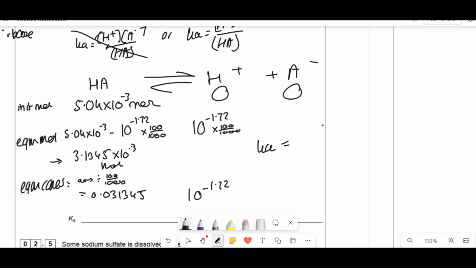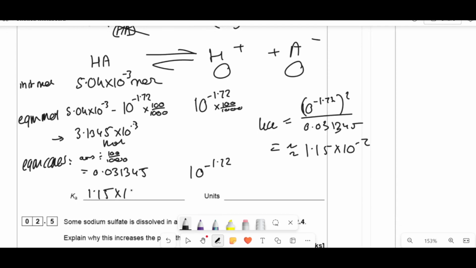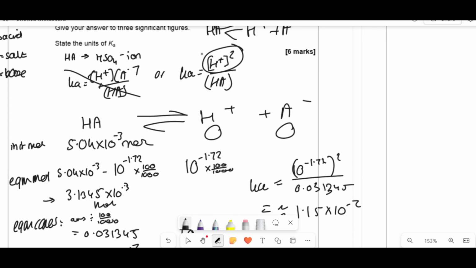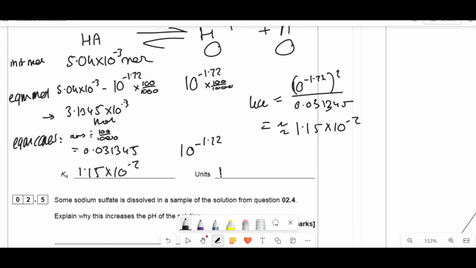So then Ka would equal H plus squared, so 10 to the minus 1.72, all squared, divided by the concentration of HA, which is 0.031345. If we do that, we get roughly 1.15 times 10 to the minus 2. There you go. And the units would be mole per decimeter cubed squared over mole per decimeter cubed, so you get mole per decimeter cubed.